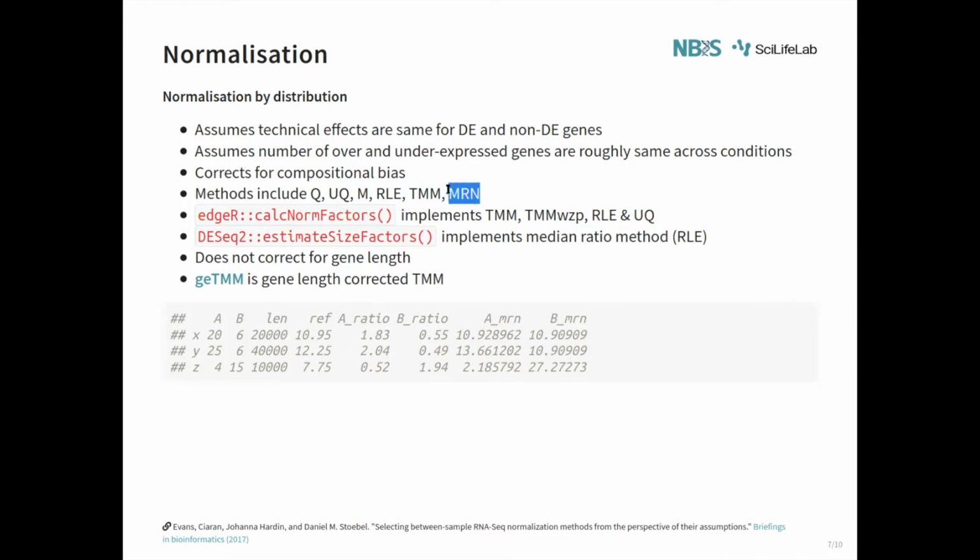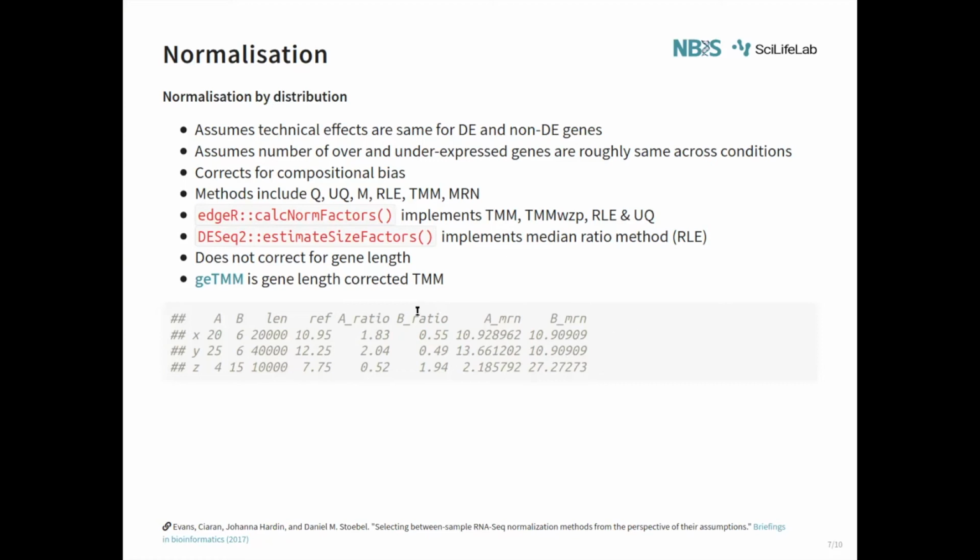They are slightly different, but they work in similar ways, as in they control for this shift due to overexpression by a few genes. Rather than using a total count, or just picking a median, they look at the whole distribution and pick a position that is more optimal for the data that you're actually working with.